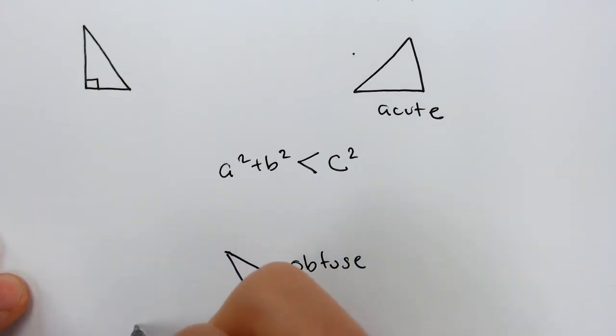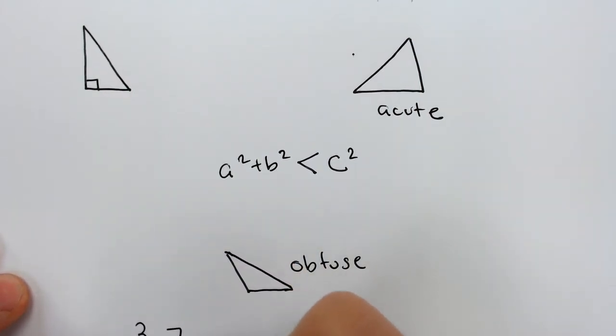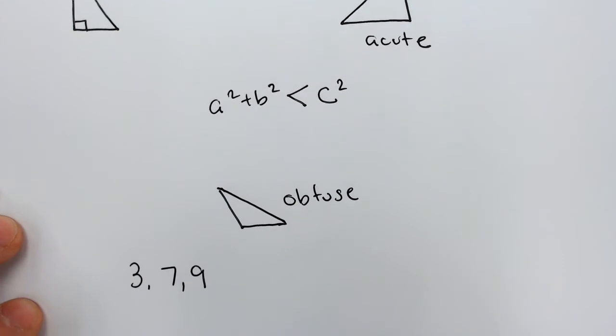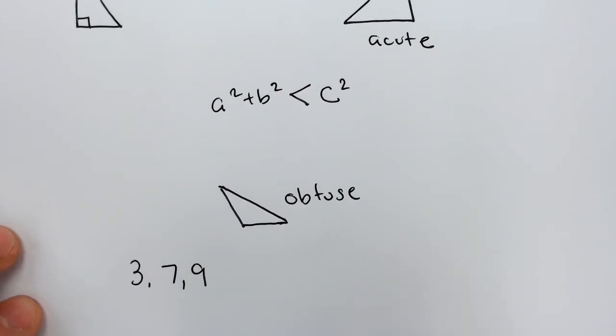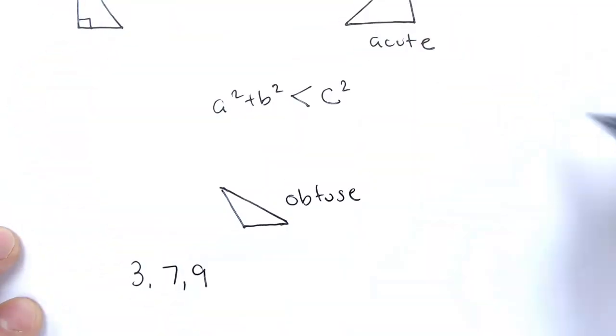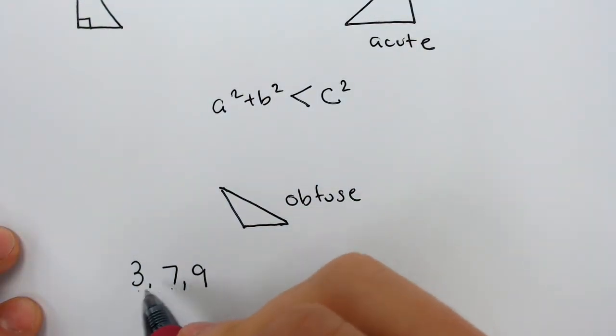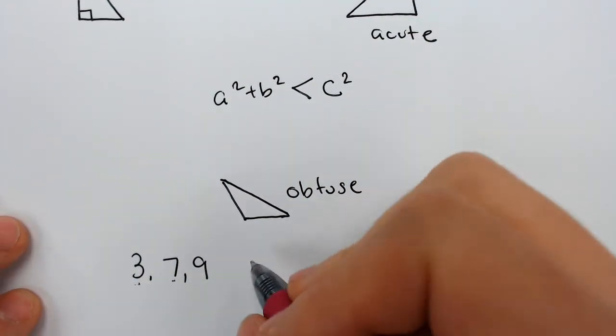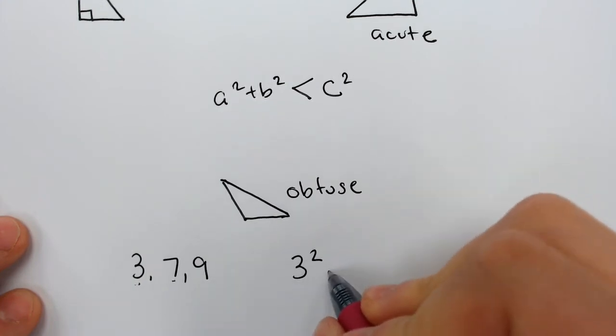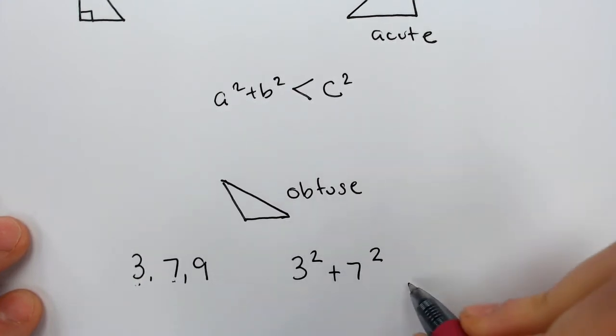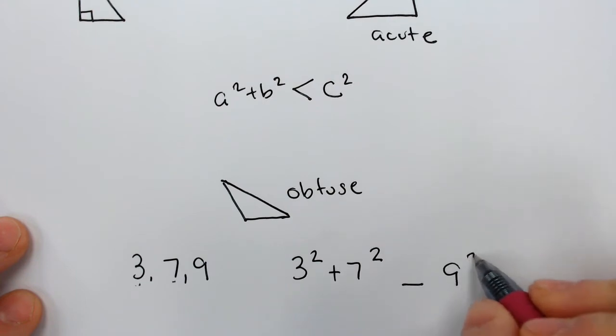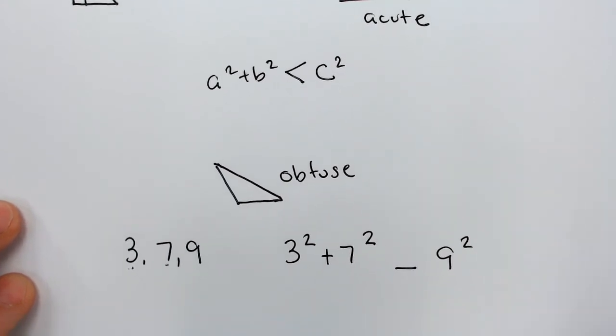So let's say that we had side lengths of 3, 7, and 9. We just need to determine if this is an acute triangle, an obtuse triangle, or a right triangle. So your a and your b are going to be the smallest sides. That will never change. 3 squared plus 7 squared. We need to compare it to 9 squared. It's probably not going to be equal to it, but it could be.